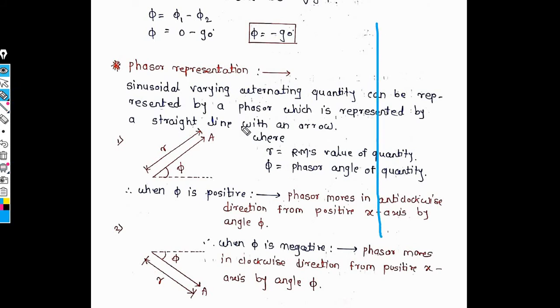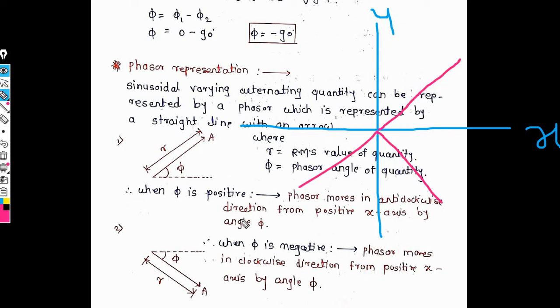Now this is the x-axis and y-axis. Now there are several angles. Now this is the 90-degree phasor.